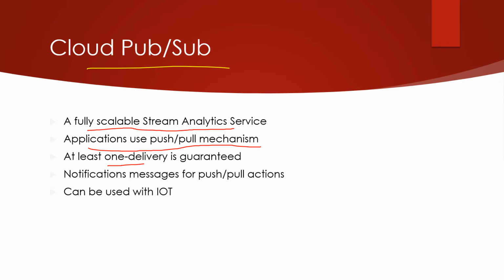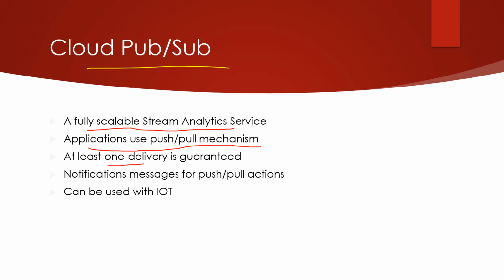Let's say a message is published and there are a number of subscribers. Cloud PubSub guarantees that each subscriber will get at least one copy of that particular message. Sometimes, since it's a stream analytics service, one message may be delivered multiple times, but at-least-once delivery is guaranteed.